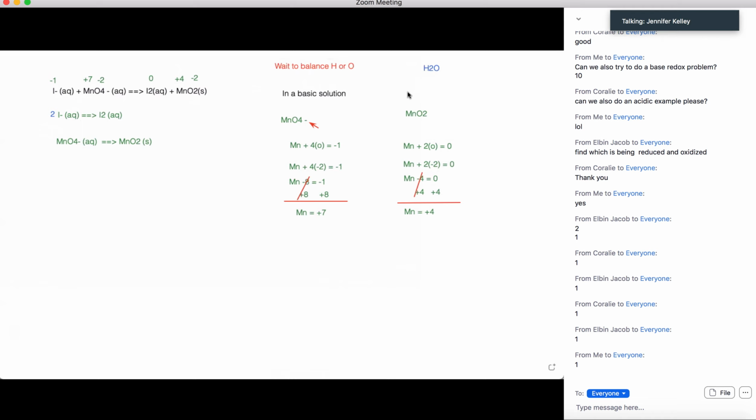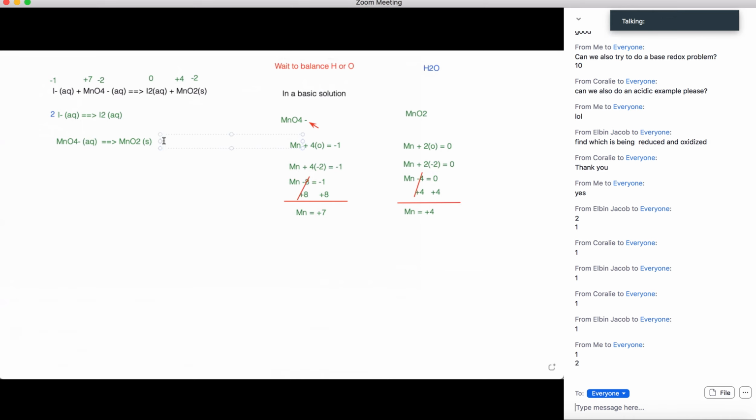So it's H2O, so there's just 1 oxygen per water. So if I have 2 oxygen in MnO2 and I need 4, how many water molecules will I add? 2 plus blank equals 4. 2. Good.